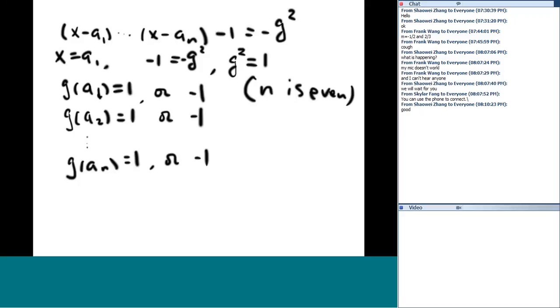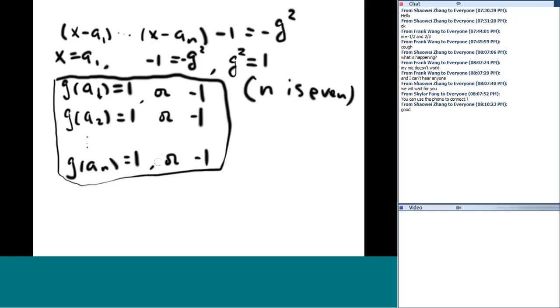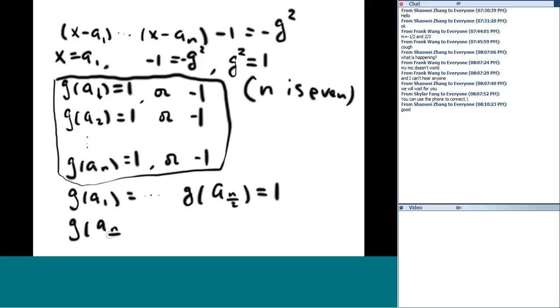So among all the n values a1 to an, half of them make g equal 1, and half of them make g equal minus 1. So we can assume g(a1) to g(an/2) equals 1. Just rearrange that.